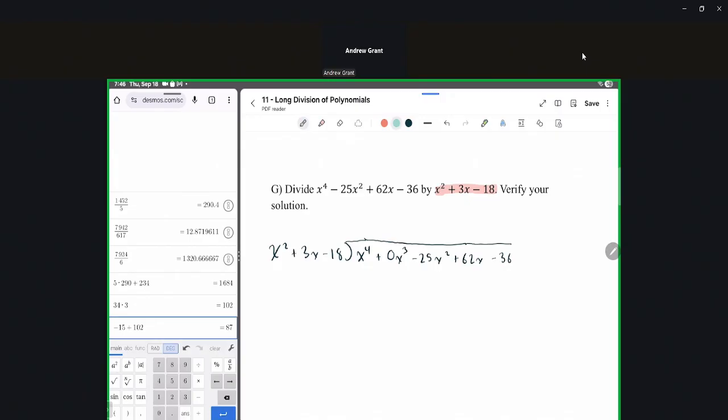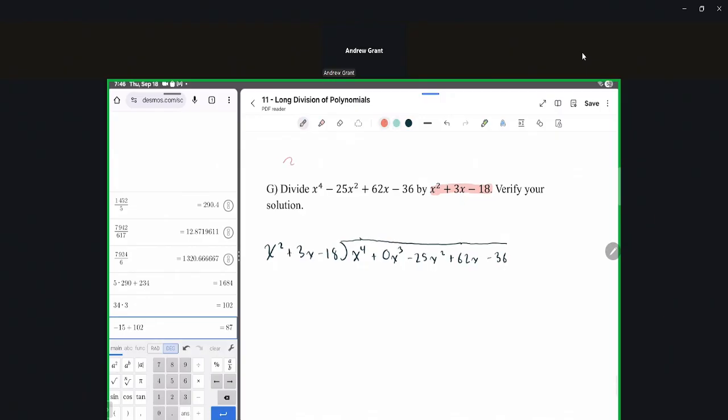So here, ensure to write placeholder terms. And I suppose I'll write this one in green so it stands out a bit better. It doesn't change the math at all.